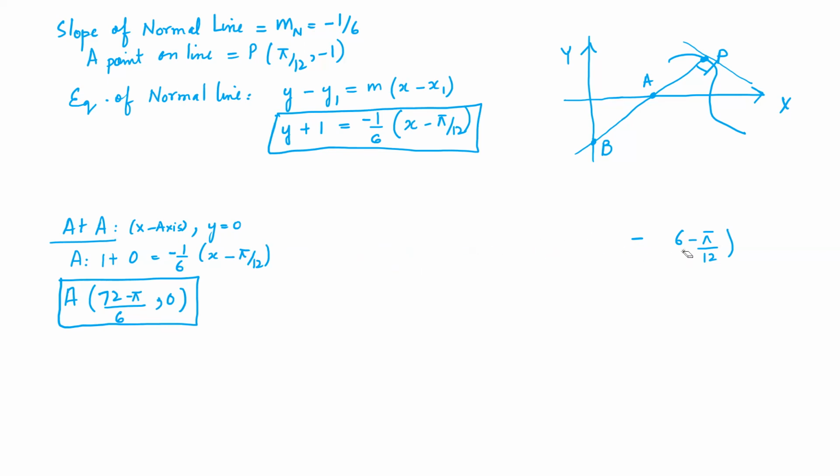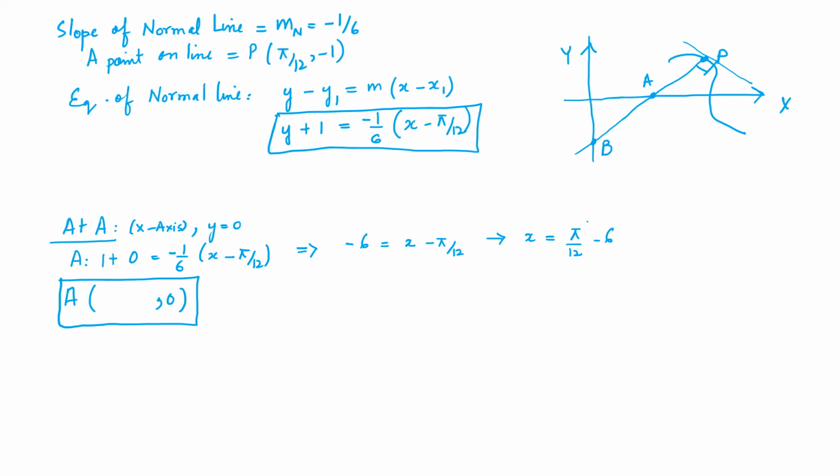So x will be equal to what? So this comes out to be minus 6 is equal to x minus pi by 12. This turns out to be x is equal to pi by 12 minus 6.